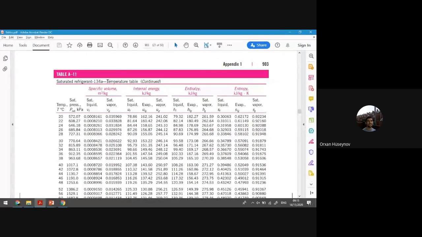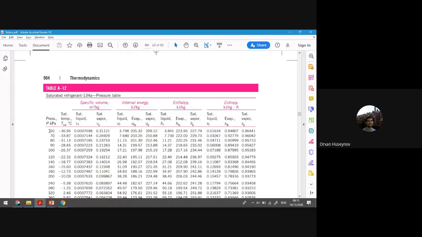If you look at the temperature table, you can see that temperature is the preferred one. So here you have good values, for example 20, 22, increments are good. But for the pressure table, pressure is the preferred one, so you have 60, 70, 80. If you look at the temperature values, it doesn't have good increments. You can see there are fractions here.